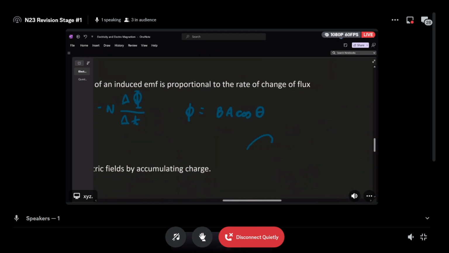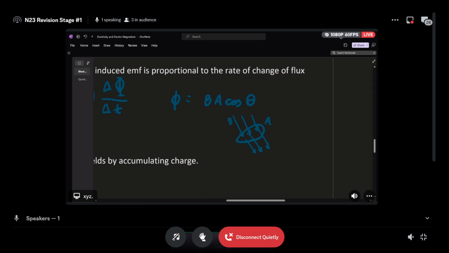And A represents this, say this is a circular region A, and then we have a magnetic field going into A. Here, A and B are completely perpendicular to one another.